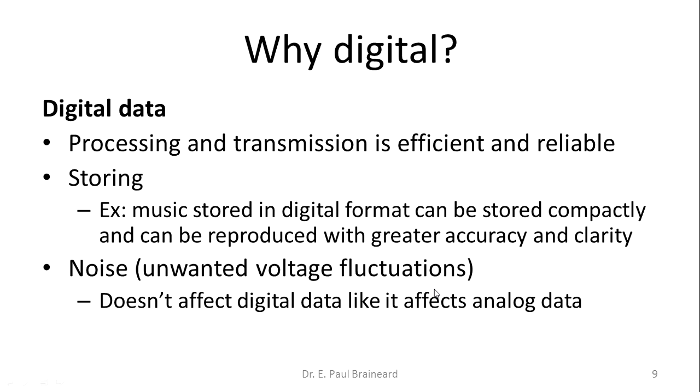Noise is unwanted voltage signal or fluctuations. Digital systems are unaffected by noise. On the other hand, analog signals are affected by noise. These are some of the advantages that you have in going to a digital system.